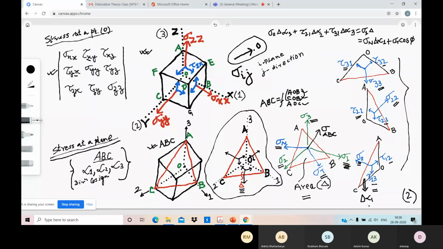So the perpendicular to the ABC plane has a direction cosine with respect to axis number 1 of alpha 1, and the AOC plane that we are considering is basically plane number 1, perpendicular to direction 1. So its area will be delta alpha 1. So we can write sigma 1 delta alpha 1.